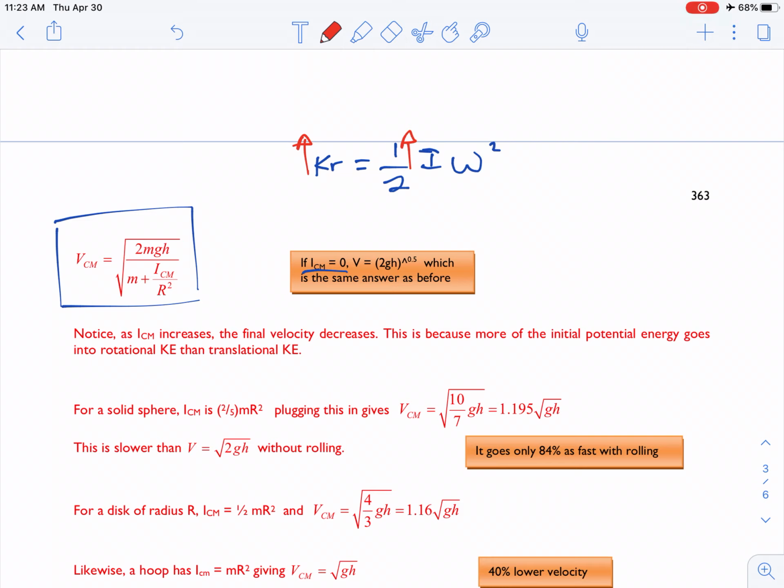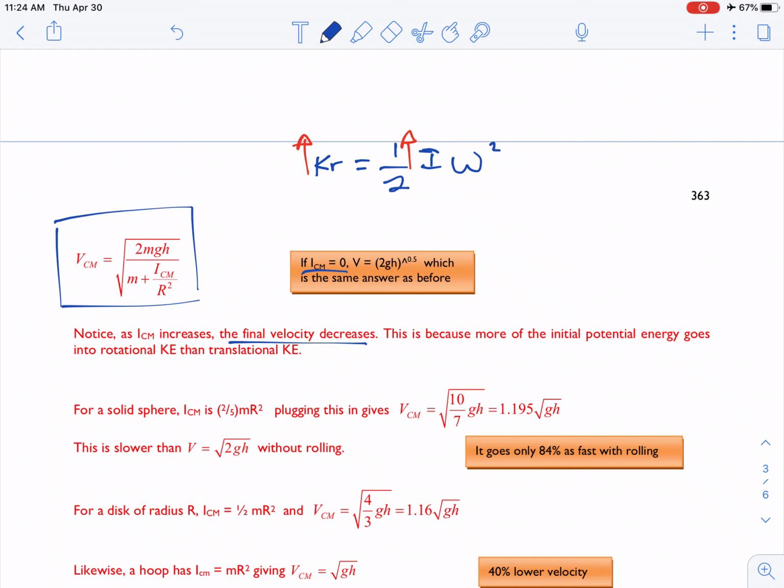That means initially you had potential energy, and you're going to use more of that for rotational now. And less will be used for translational, because you have the same amount of potential. That means you will end up with less velocity. So that's why the final velocity will decrease in that case.